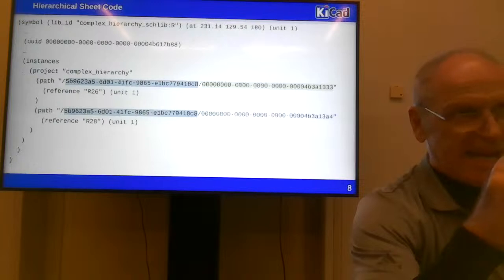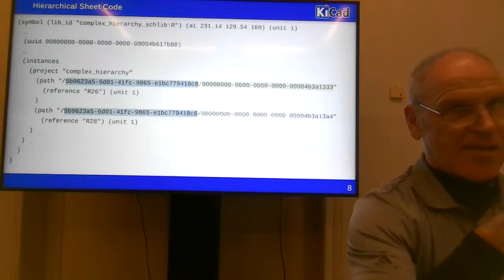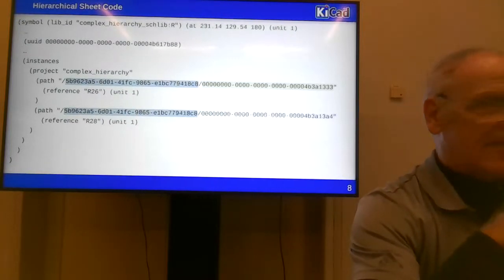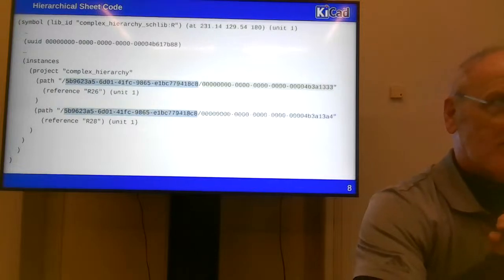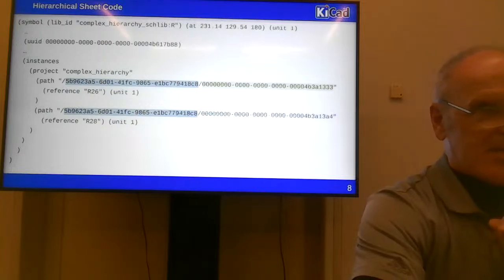So you have however many instances of a given sheet that you share. They all have to have their own unique connectivity information, and that's also handled by the schematic sheet paths. So for everything you do in the schematic editor that will affect connectivity, you have to understand this concept.